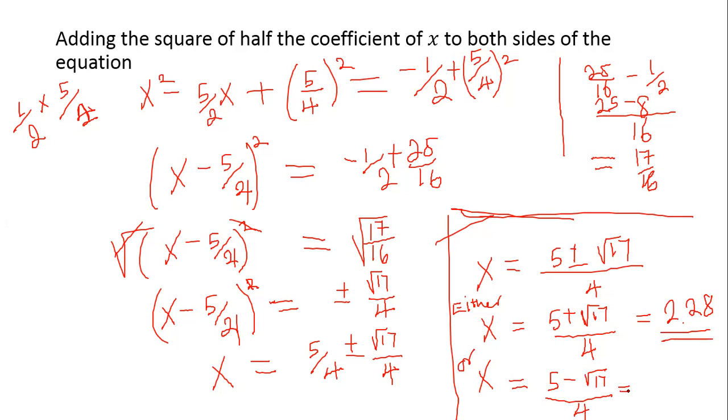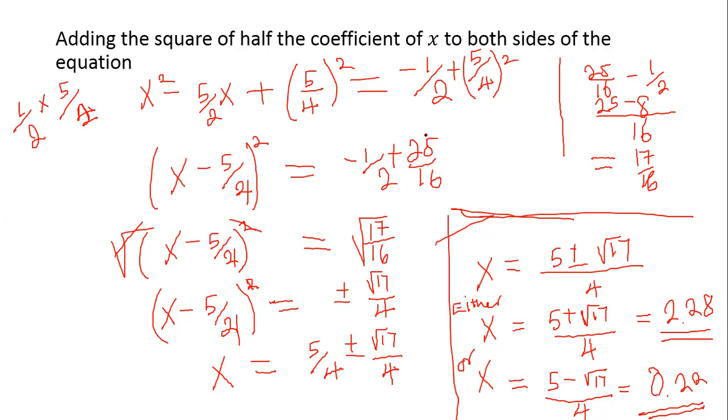This would be 0.22 when we round it to 2 decimal points. So that will be our x values for the above equation.